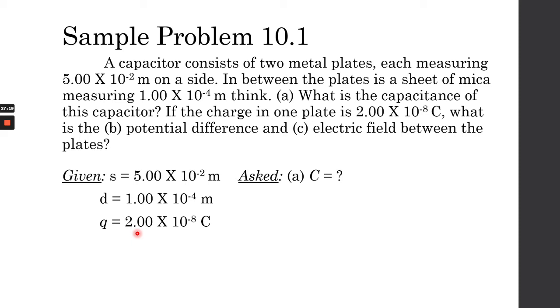And they're asking, A, what is the capacitance of the capacitor? B, what is the potential difference between your two plates? And C, what is the electric field between the plates? So, formula.